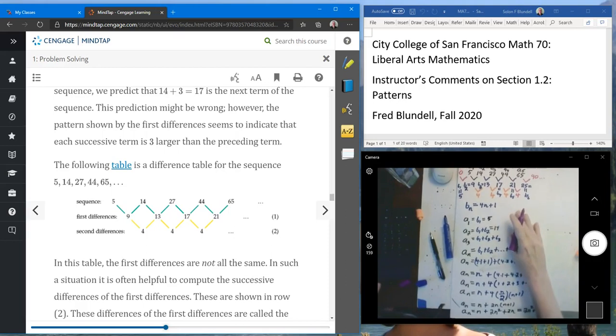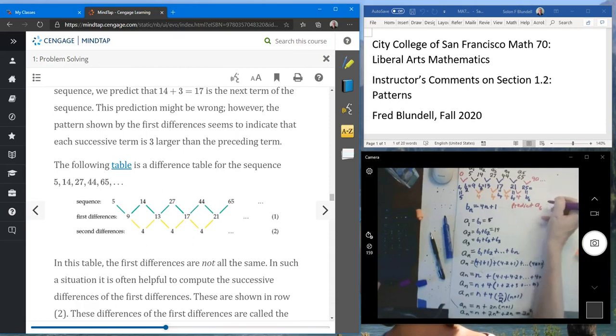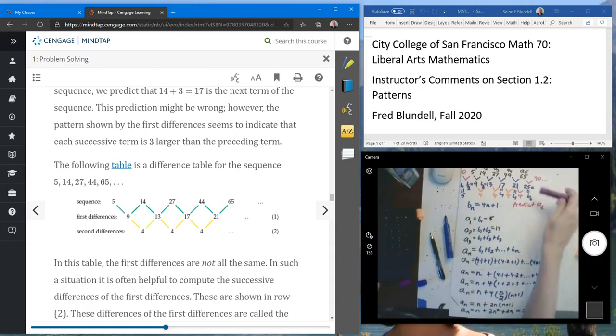Let's see if our formula is working. We want to predict A6. Now we set up here, we think it's going to be 90. Let's use this formula and make sure we're really getting a 90. Okay. So according to our formula, A6 should be 2 times 6 squared plus 3 times 6.